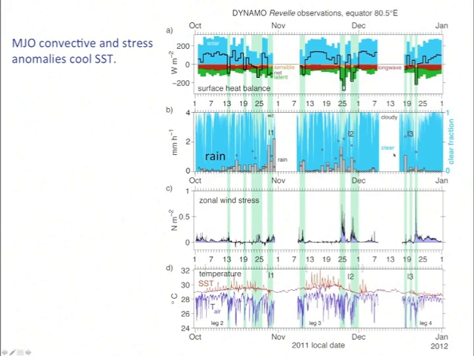We probably didn't catch the start of that event. So these negative heat fluxes are correlated to convection through the rain. This blue shading here is cloudiness. So actually the blue is clearness, and the cloudy is the white stuff up here. So when it's cloudy, it's raining.